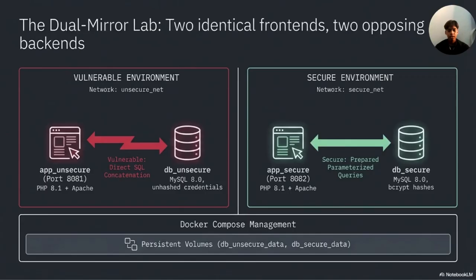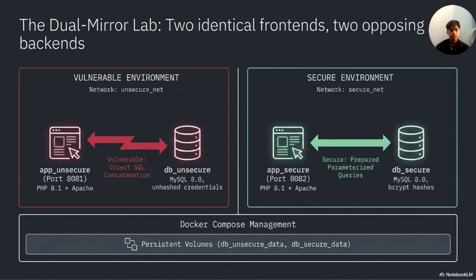This slide illustrates the architecture of our dual mirror lab. The lab consists of two identical web applications with a different backend implementation. On the left is the vulnerable environment where the application uses direct SQL concatenation. This insecure coding practice allows attackers to inject malicious SQL commands into the query.